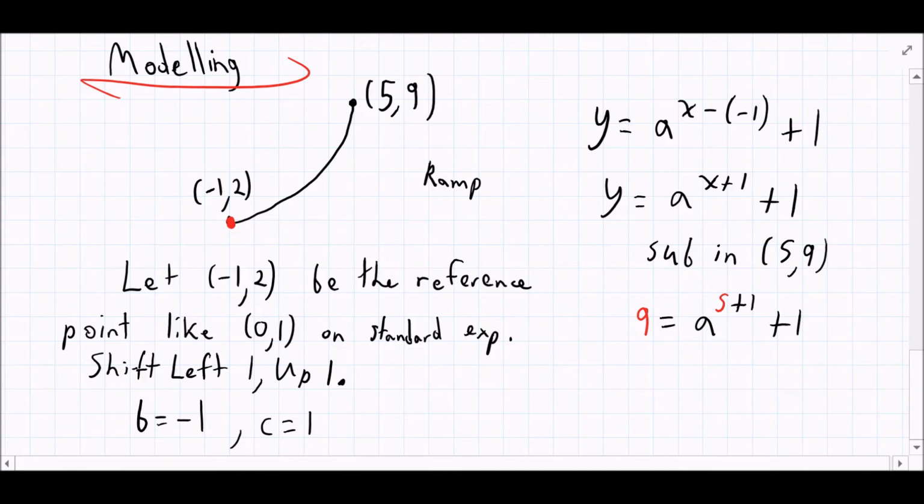So I would first take away 1 from the 9, so 8 equals a to the power of 6. Now, do you know what we do to get rid of a power of 6? We do the opposite, which is the root of that number. So we need the 6th root of 8.